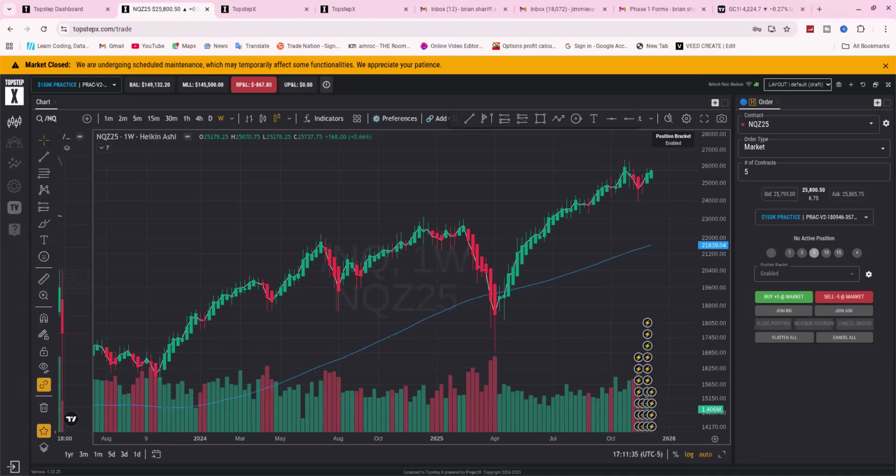Those are basically called liquidity. Liquidity is where your buy orders or your sell orders can potentially be.